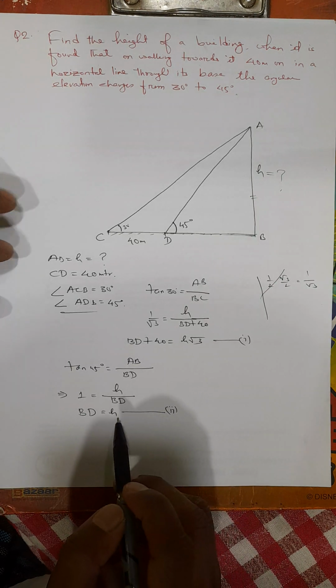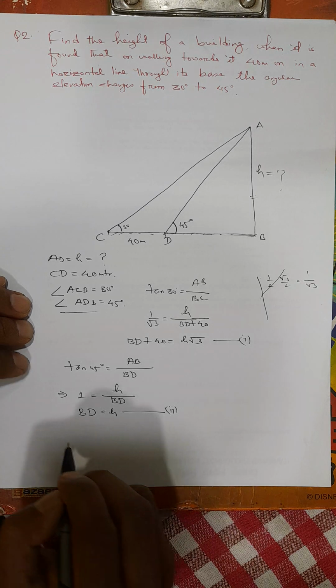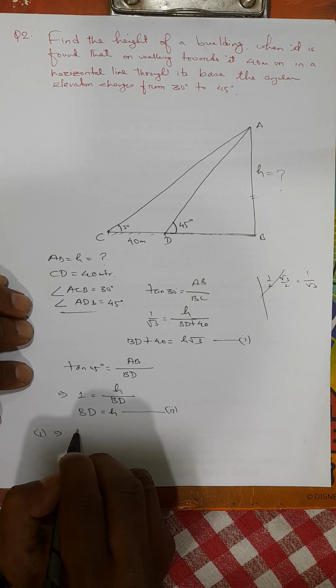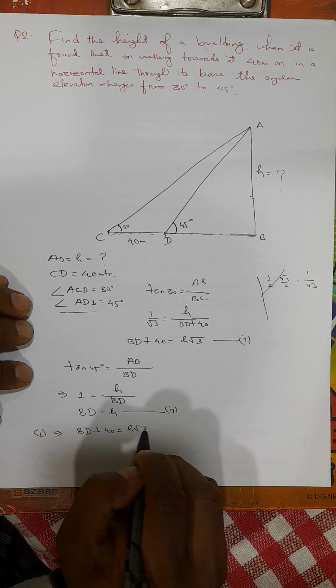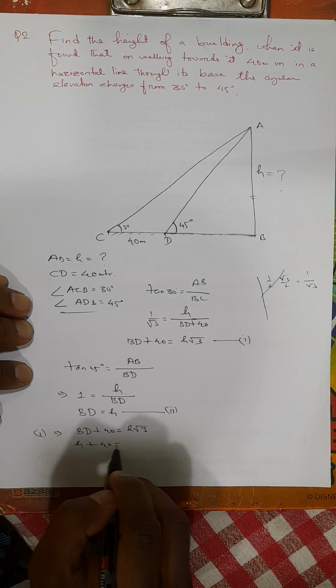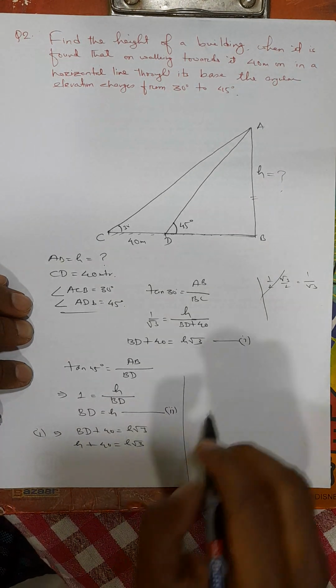Now we can substitute the value of BD here in equation 1. From equation 1 you get BD plus 40 equal to H square root of 3. What is BD? BD equal to H. H plus 40 equal to H root 3. Right?